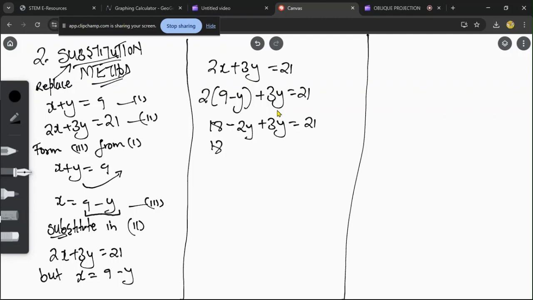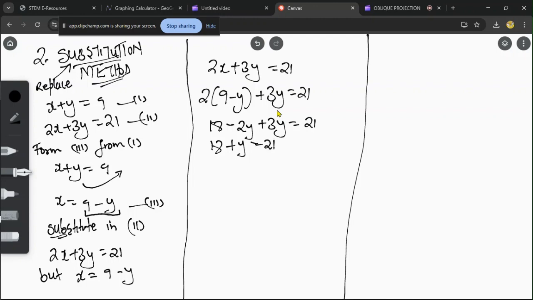The answer will be positive, because you have more. Minus 2 plus 3 is the same as 1, so I'll just write y equals now to 21.